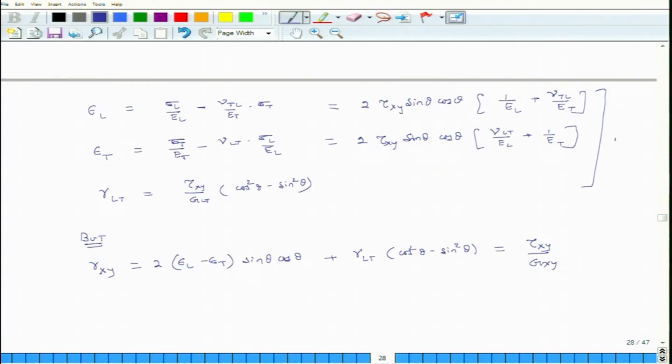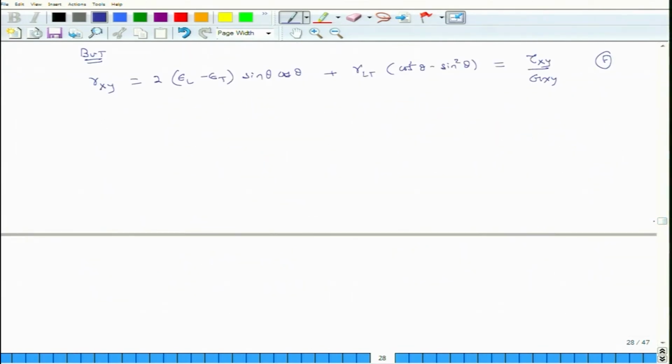So, let us call this equation E and this F. If I put E in F, what I ultimately get is 1 over Gxy equals 1 over EL plus 1 over ET plus 2 nu LT by EL minus 1 over EL plus 1 over ET plus 2 nu LT divided by EL minus 1 over GLT cosine square 2 theta.